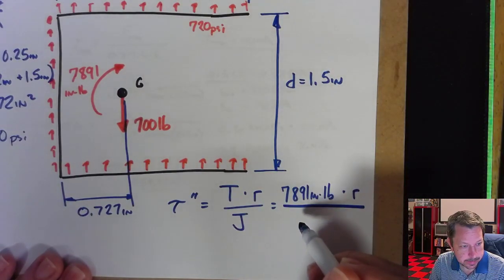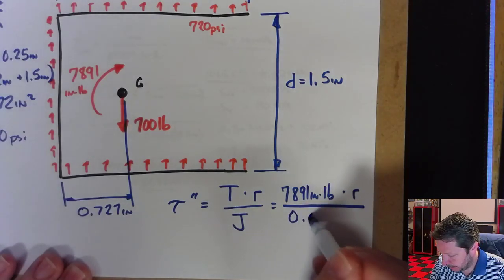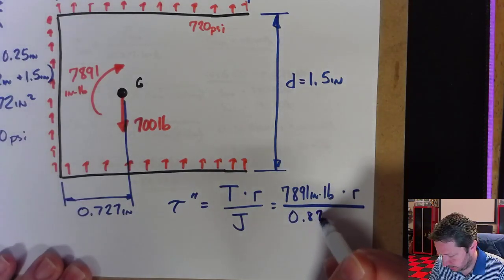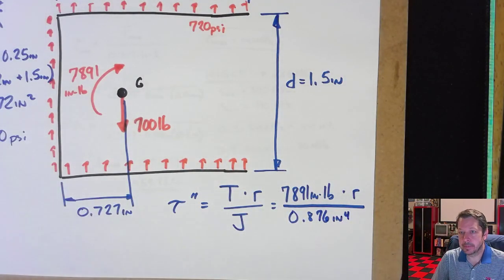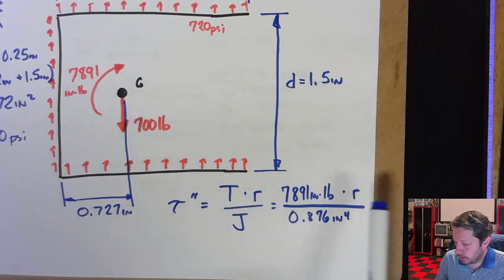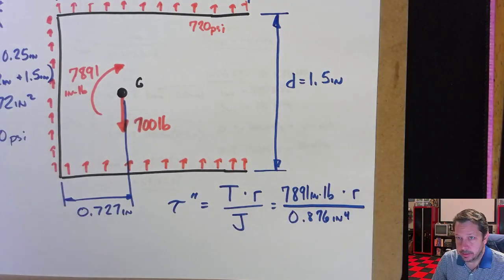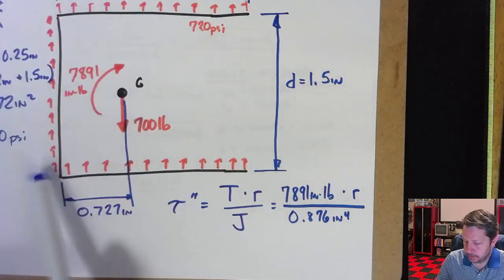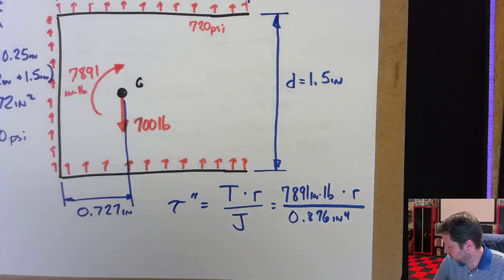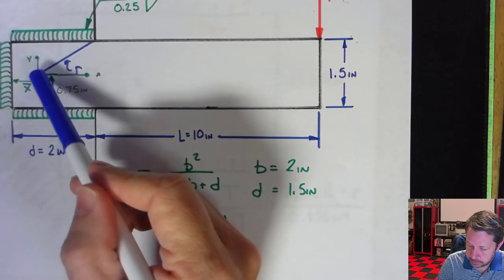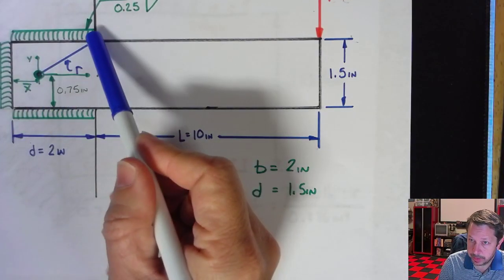J is 0.876 inches to the fourth. Okay, so R is the only thing that changes depending on my location from the centroid. And remember that R is from the centroid to whatever point I'm interested in.